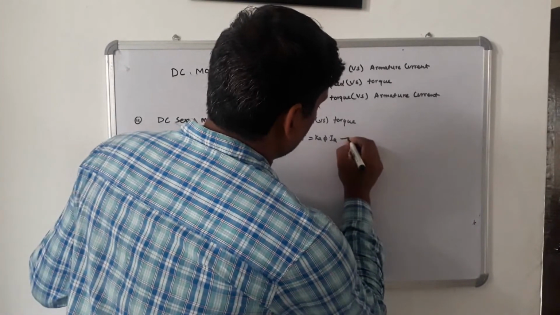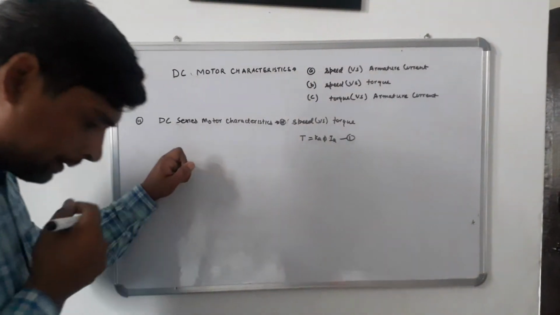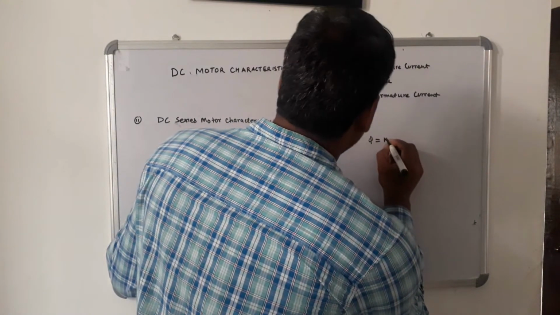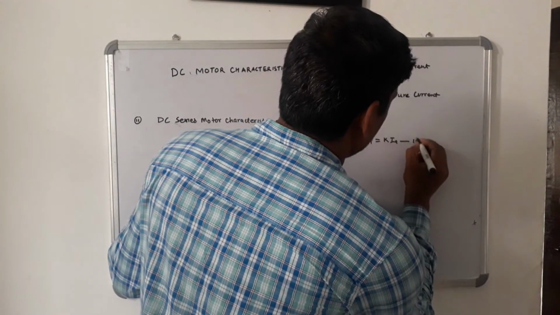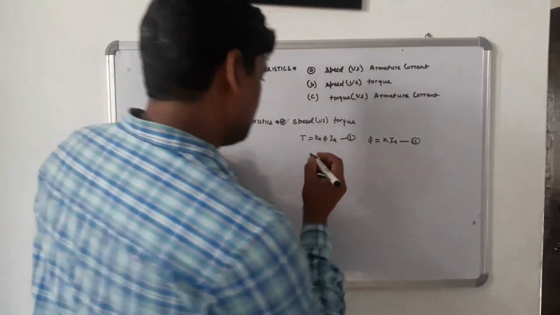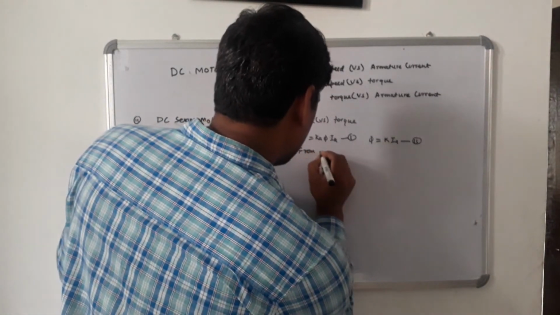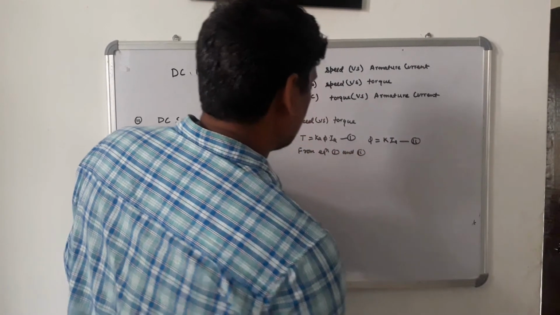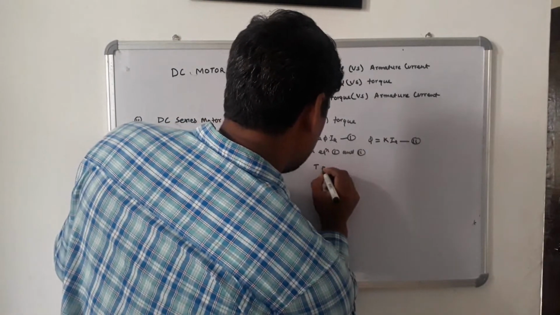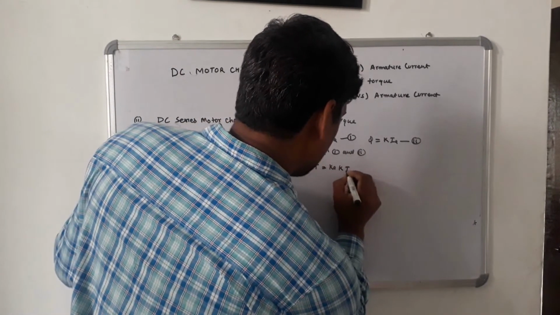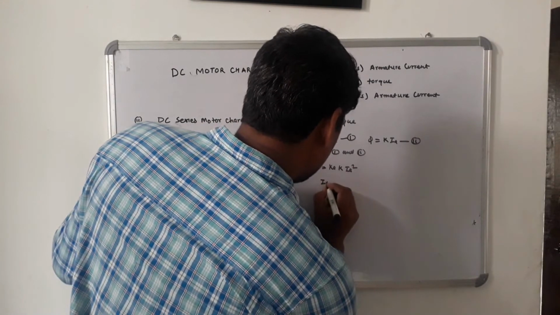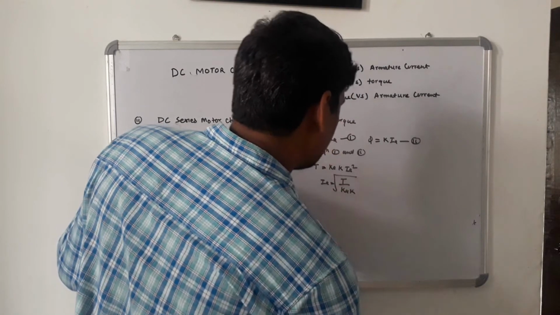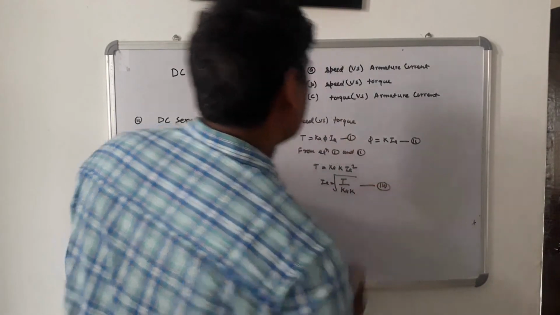This is equation 1. And phi is equal to K Ia. This is equation 2. From equations 1 and 2, T is equal to Ka Ia square. Ia is equal to the square root of T by Ka. This is equation number 3.